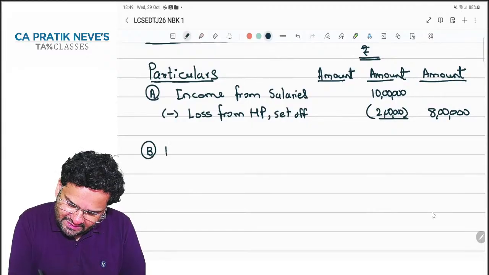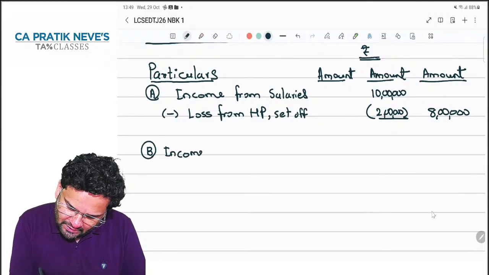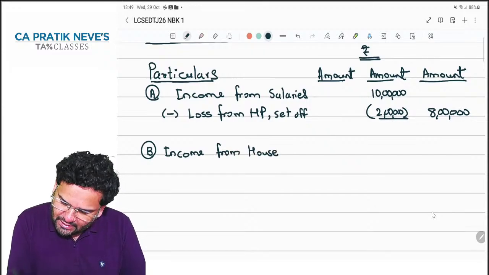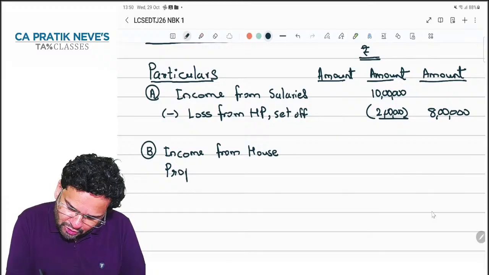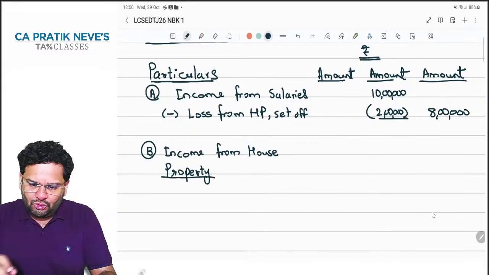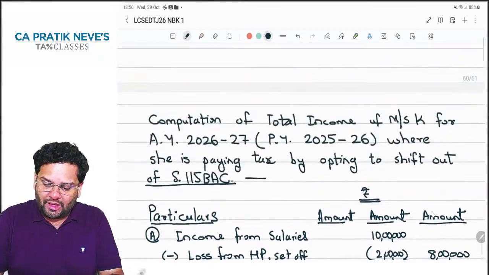After salaries, you have got income from house property. In income from house property, first write the income that you have.